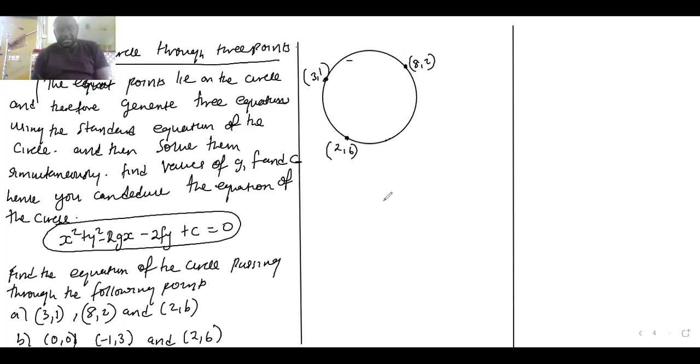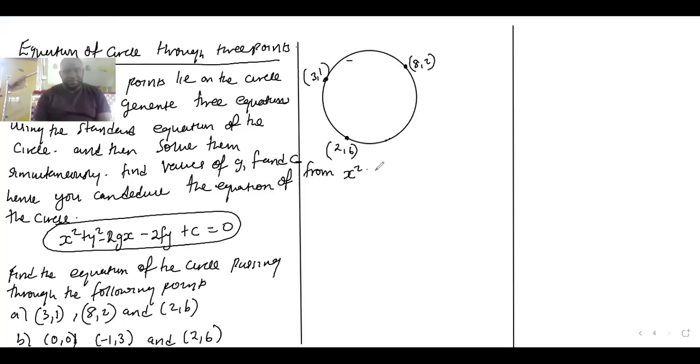What does the standard equation state? Who can state for me the standard equation of the circle? Aisha Abdallah, State for me the standard equation of the circle. X squared plus y squared minus 2gx minus 2fy plus c is equal to 0. Thank you.